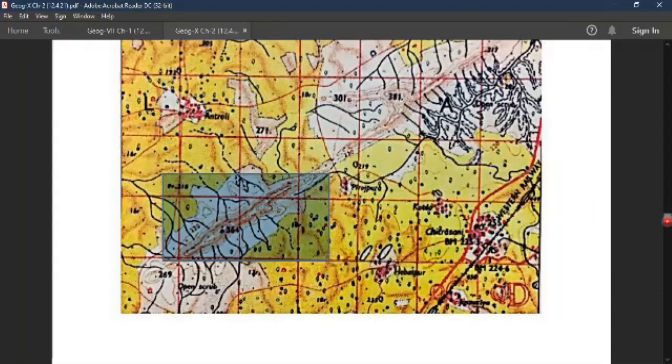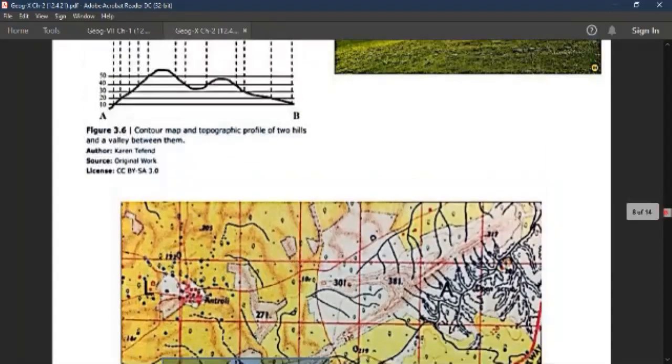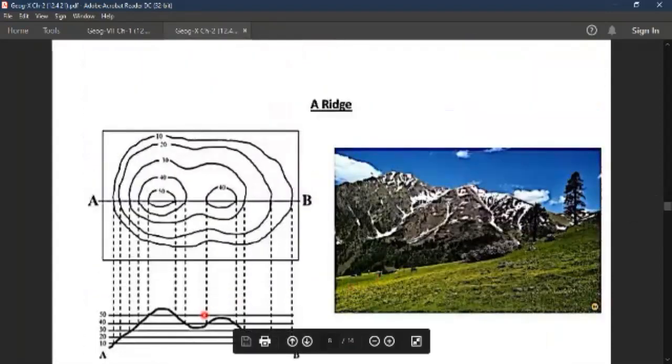The area in between these peaks is termed as col. So a col is a depression between two peaks or summits along a line of hills.